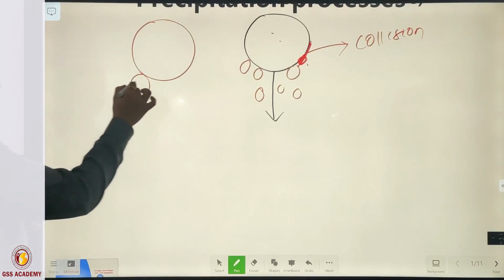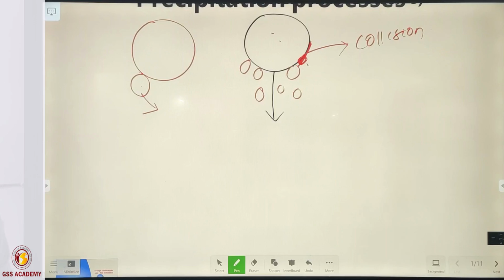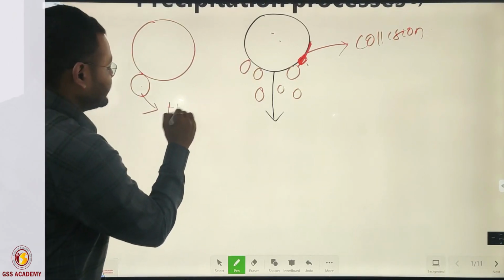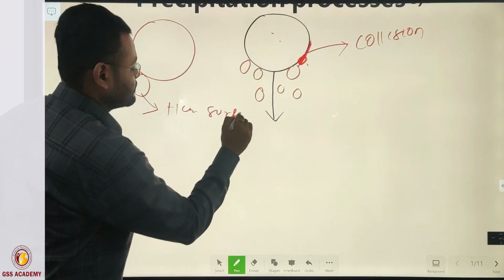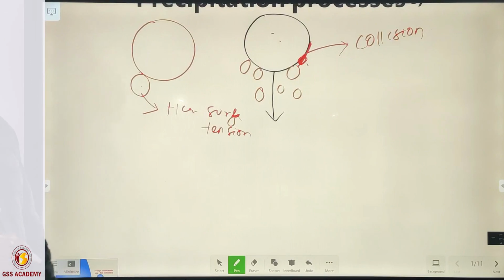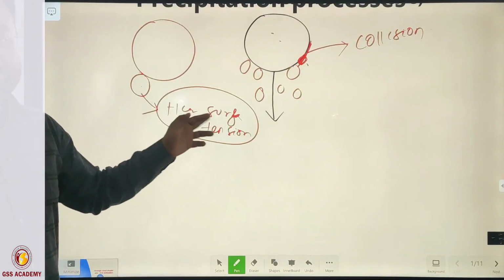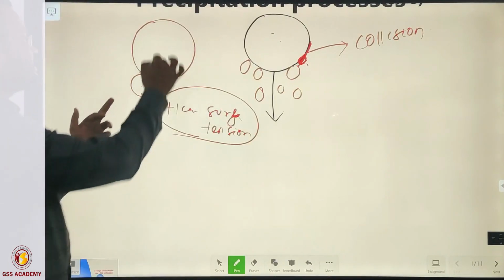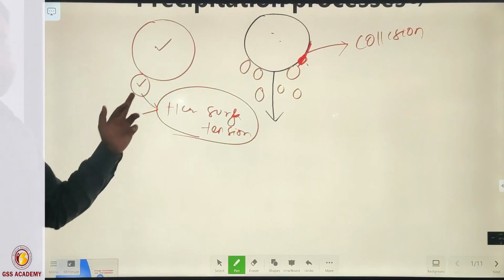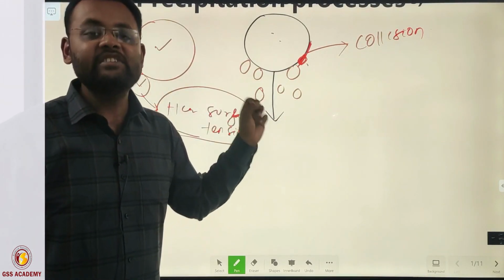Okay, but at the same time, suppose this is a larger droplet and this is a smaller droplet. This smaller droplet has relatively higher surface tension. Now due to this relatively higher surface tension, when the large droplet and small droplet collide, the chance of not merging is relatively high.